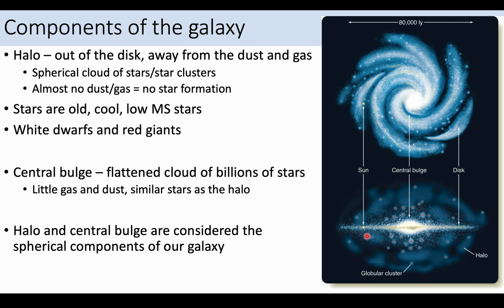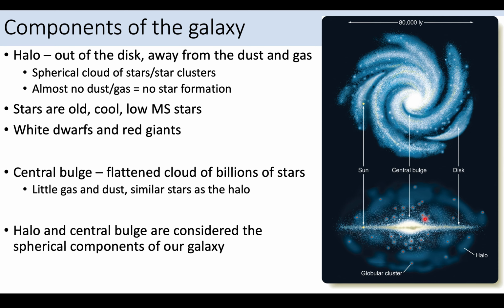The stars out here are very low main sequence stars. They're old and they're cool. They're often white dwarfs or red giants. And then we have what we call the central bulge, which is truly the center part. This center part here, it's white on the top here that I'm showing with the highlighter pen.